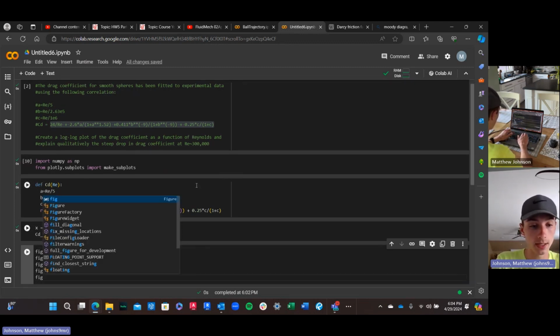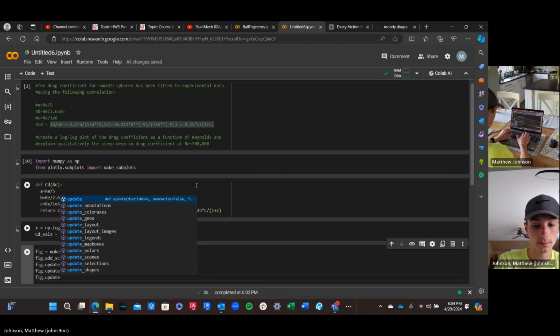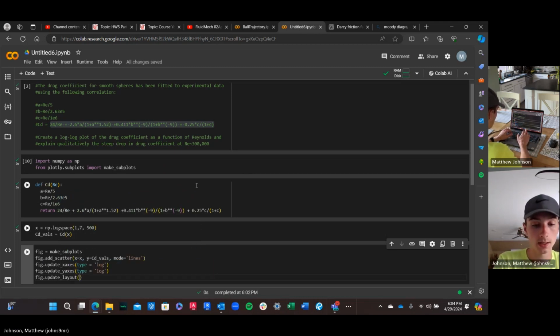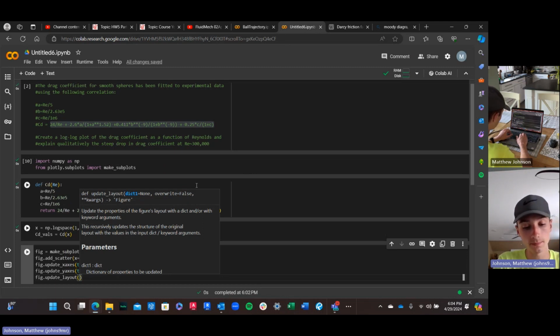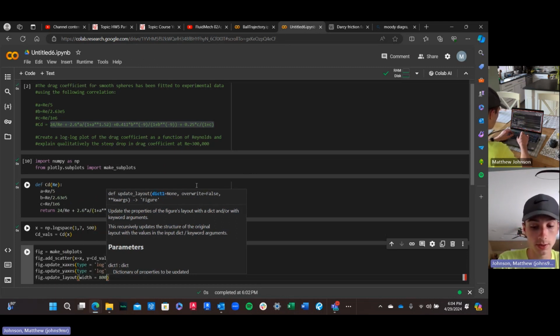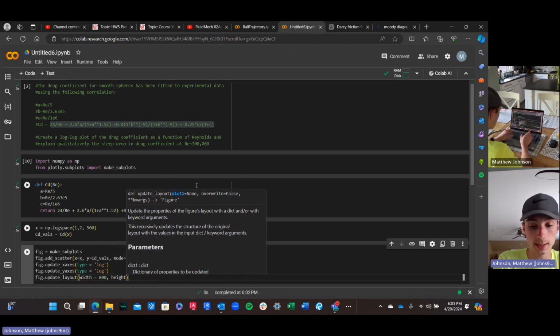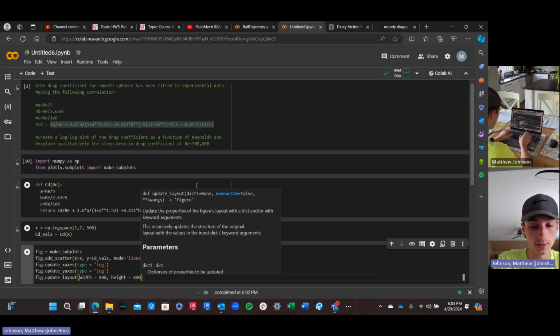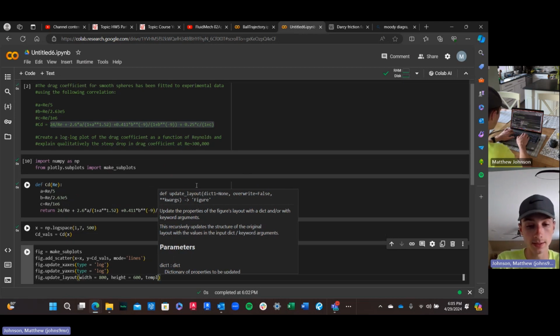And finally, we can do an update layout to make this look a little prettier. And do fig.update_layout. We'll do width equals 800, height as, let's do 800 as well. Well, let's do like 600. That'll fit on the screen. And finally, we can do it in dark mode.